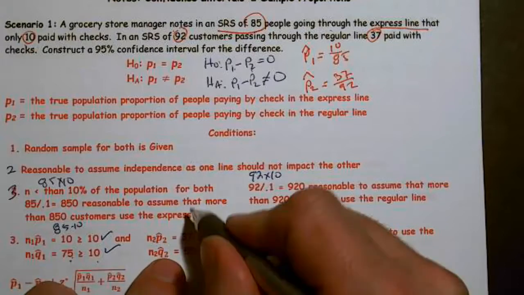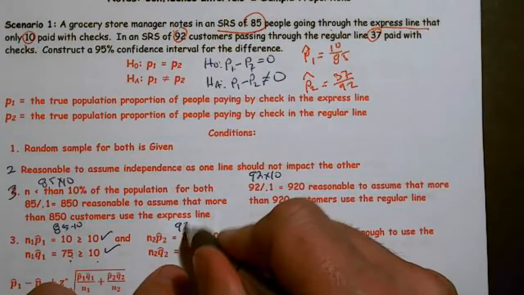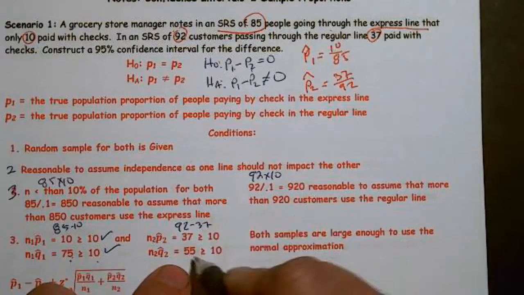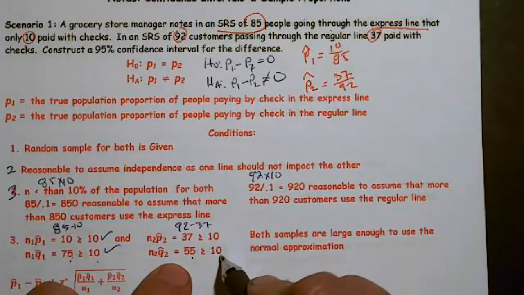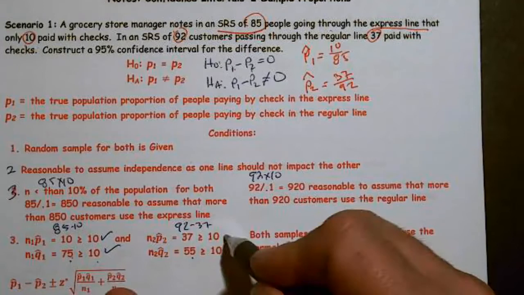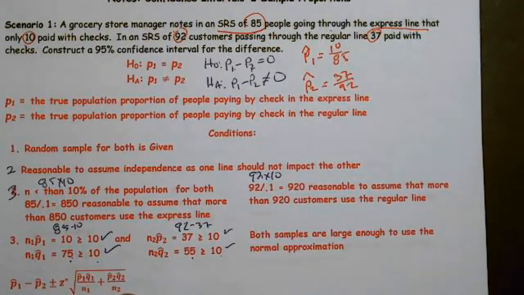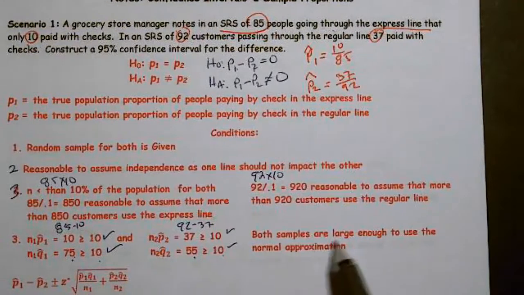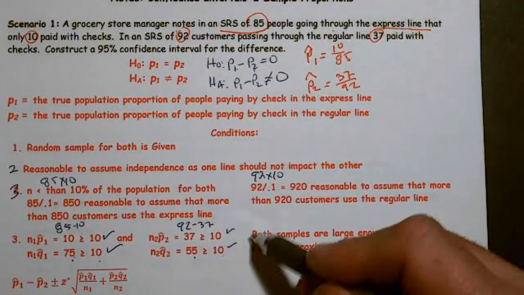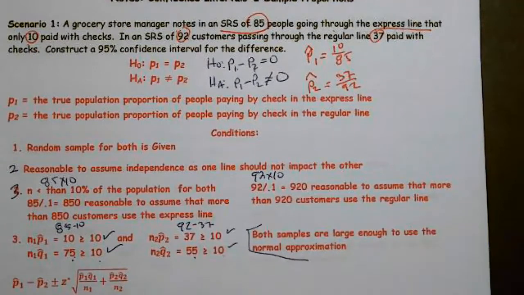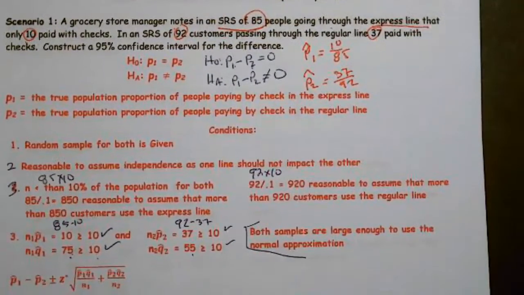And if we take 92 minus 37, that's 55, and that's greater than 10. We have to meet all 4 of these, and we have to show that for all of them, so both samples are large enough to use the normal approximation. So we're good there.